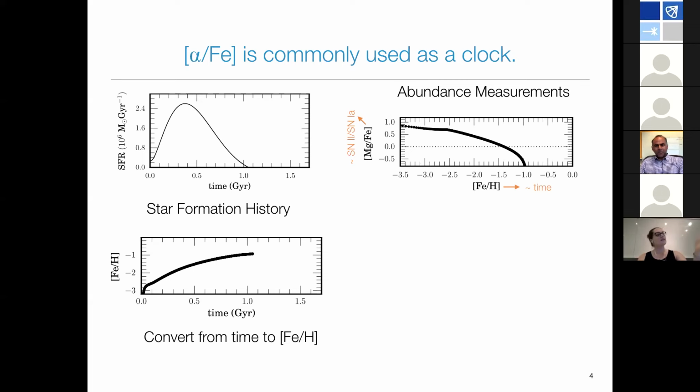Then you can convert our observable, for example, magnesium to iron as a function of iron abundance, into the contribution of core collapse to type 1a supernovae as a function of time. This ratio, magnesium to iron, and magnesium is an alpha element, starts out very high because core collapse supernovae explode very quickly. Then as type 1a supernovae kick on, it drives down this ratio.